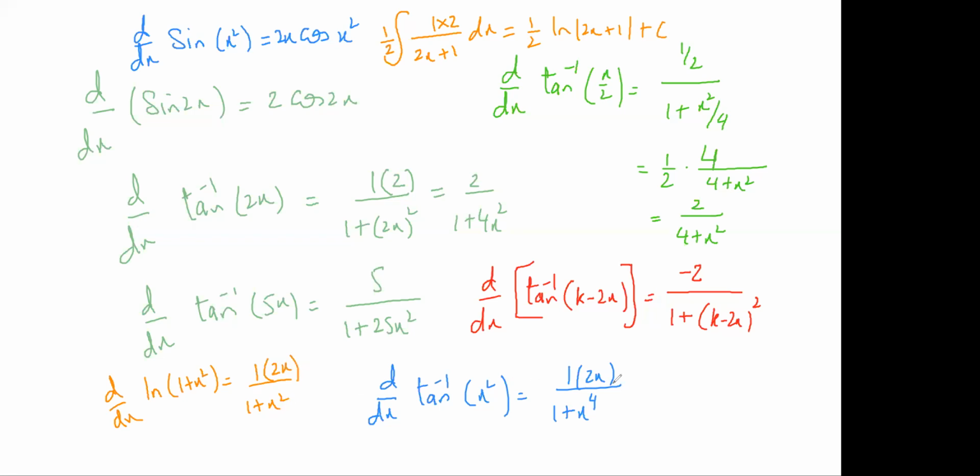So the rule is, when you have to differentiate tan inverse of f of x, this will be 1 over 1 plus f of x whole squared, times f dash of x. Got it, beta?